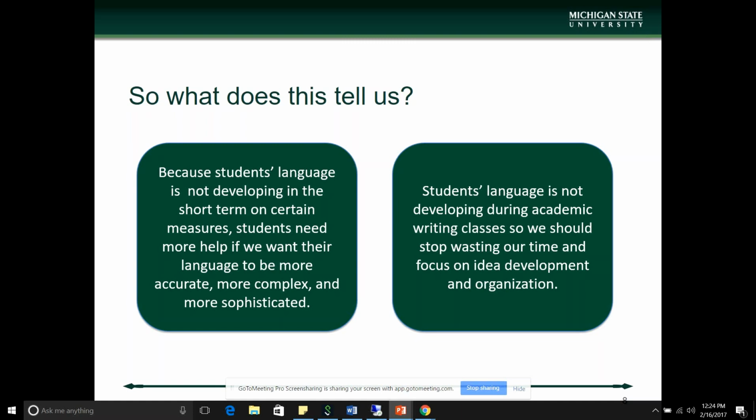There's a bunch of cross-sectional studies. If you look at these cross-sectional studies that track students for a few years, yes, you do see change. There's one cross-sectional study in the Journal of Second Language Writing that was done in Europe by Marjolein Verspoor and a bunch of other people.